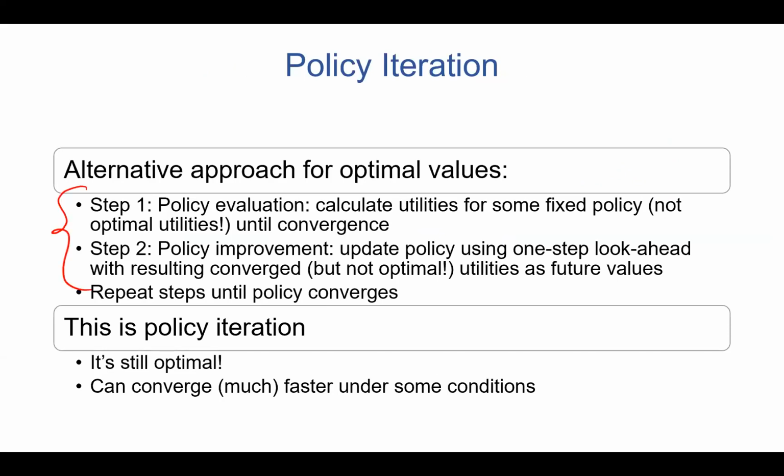There are two steps. You evaluate the utilities for some fixed policy. They may or may not be optimal, and you just simply improve at every step. Update the policy using one step look ahead, with a resulting converged but not optimal policy.